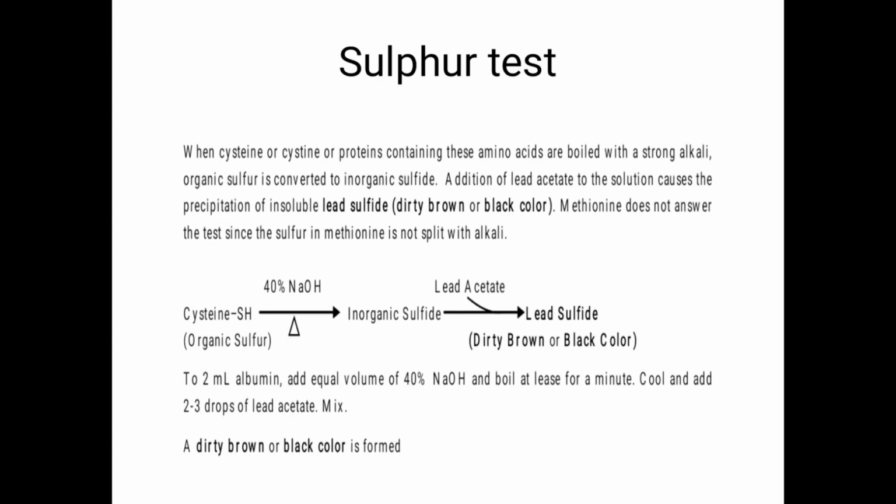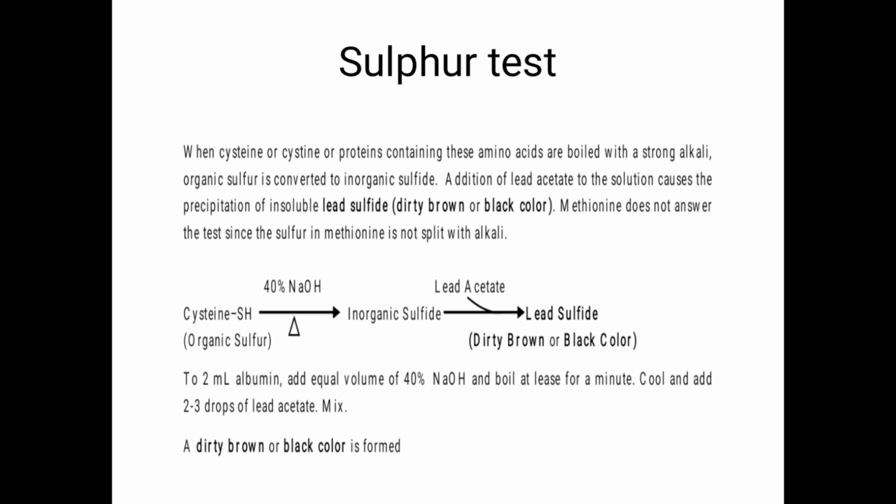Last reaction is for sulfur, mainly for sulfur containing amino acids. Which of the following amino acids is a sulfur containing amino acid? Methionine, cysteine or cystine? Proteins containing cysteine or cystine are boiled with strong alkali.